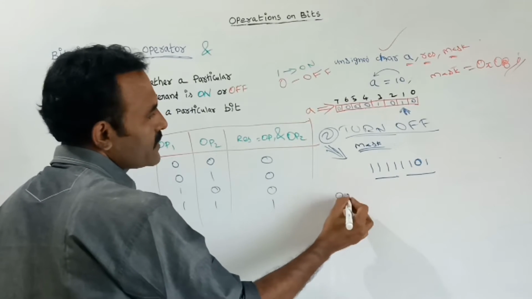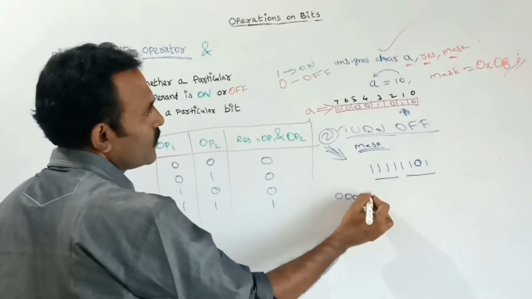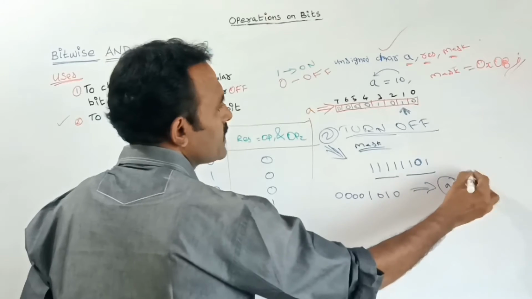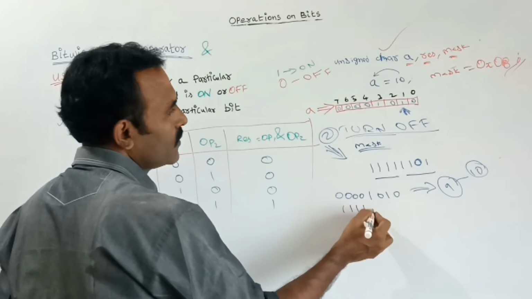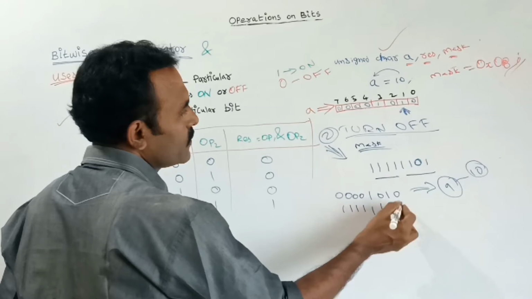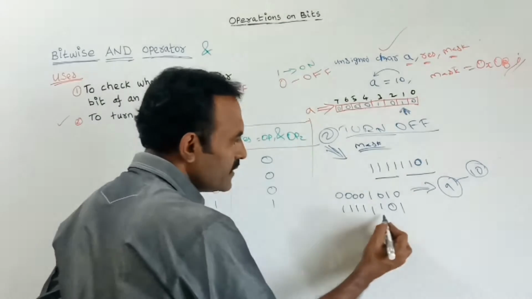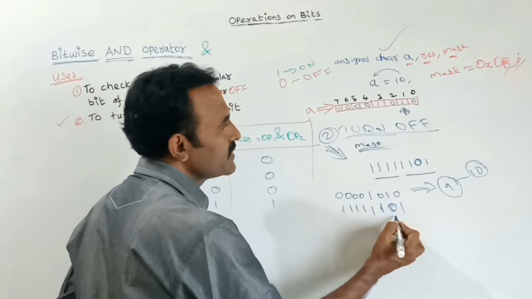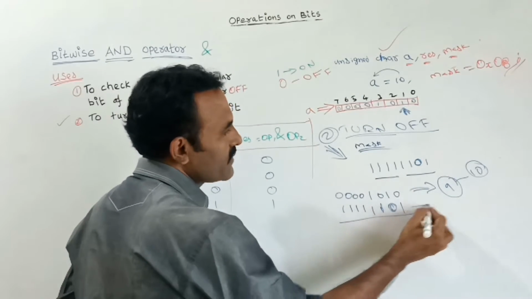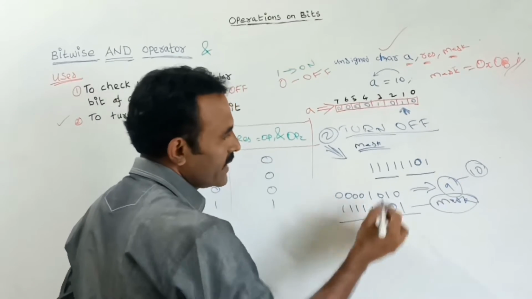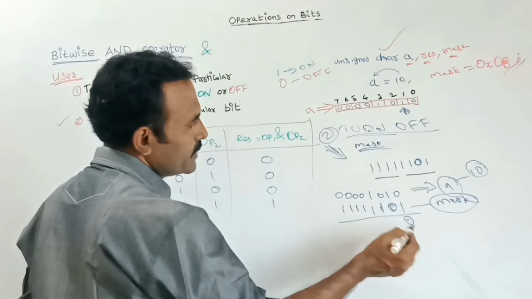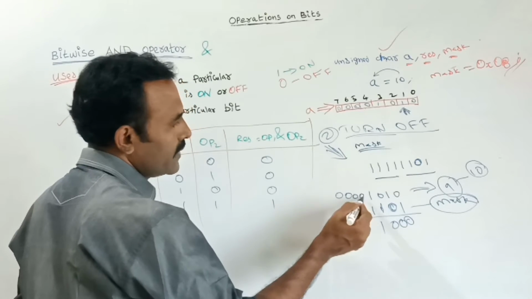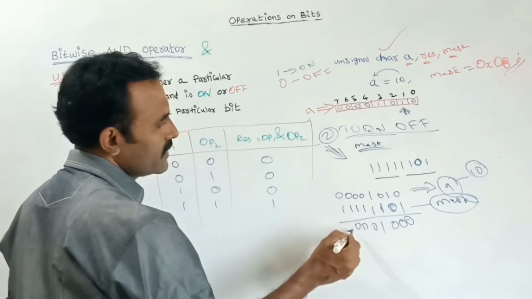Just apply this: A is 0 0 0 1 0 1 0, that is 10. The mask is 1 1 1 1 1 1 0 1. Here every bit value is 1. For the bit I need to turn off, you should use 0. So this is the mask value. Then 0 and 1 gives 0, 1 and 0 gives 0, 0 and 1 gives 0, 1 and 1 gives 1, and remaining every bit value is 0.